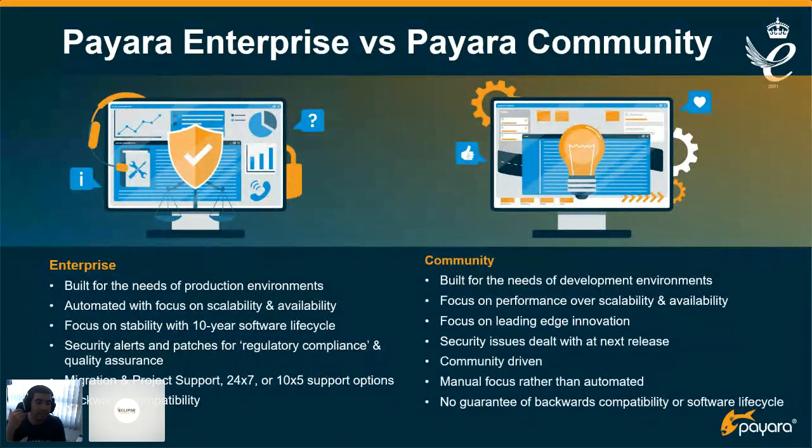And once you are scaling, your particular business has specific needs, or you are reaching a higher user base, then you should consider the enterprise edition, which is built for scalable and available production environments. We do offer at the moment a 10-year support lifecycle for these versions.